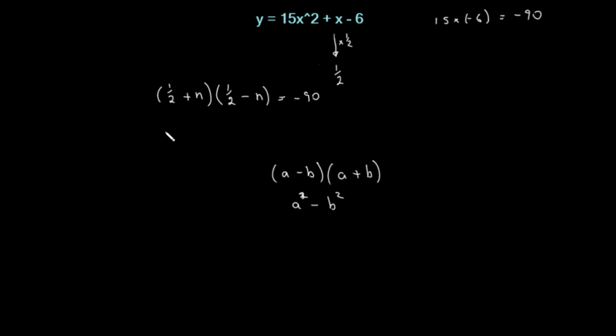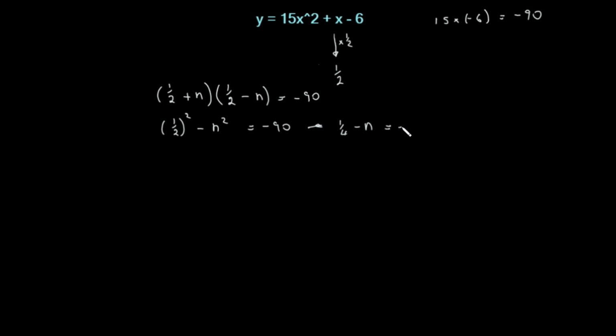So what we've got here is half squared minus n squared equals negative 90. Right, now this in fact becomes a quarter minus n squared equals negative 90.